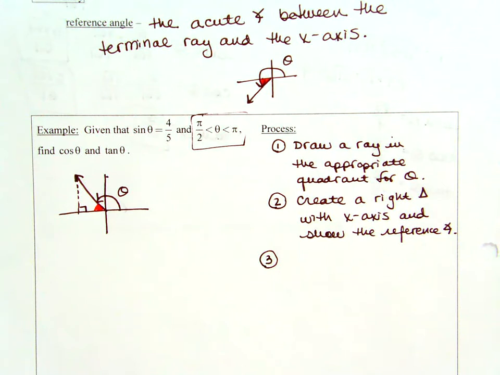What I'm now going to do is use SOHCAHTOA, opposite adjacent hypotenuse stuff, to label the sides of my triangle based on the reference angle, and I'm going to find the missing side.